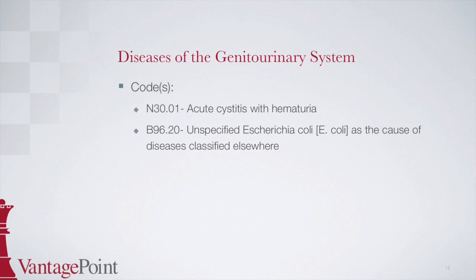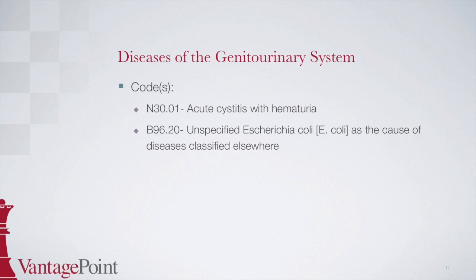There is an instructional note under category N30 stating use additional code to identify infectious agent categories B95 through B97. Therefore, our second code is B96.20, unspecified Escherichia coli, E. coli, as the cause of diseases classified elsewhere.